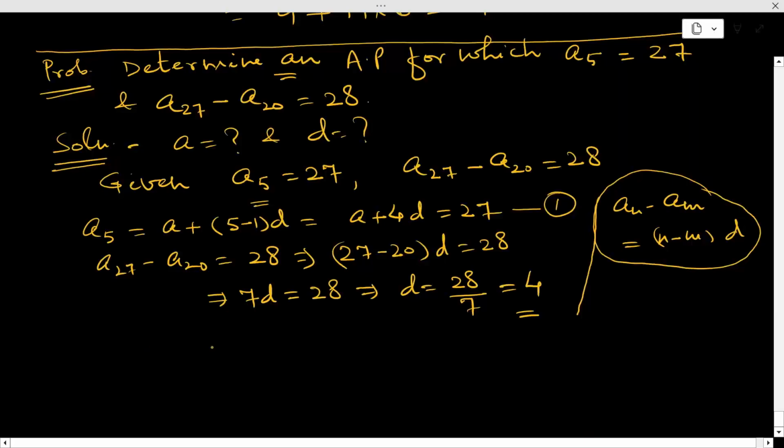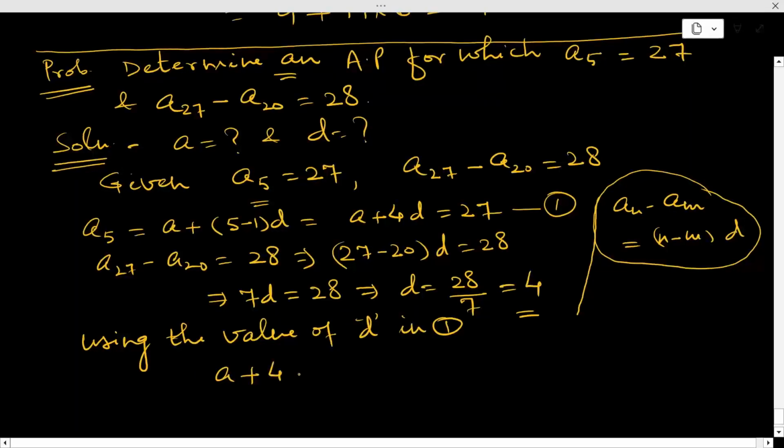Now using the value of d in equation number 1, we have a plus 4d is equal to 27.